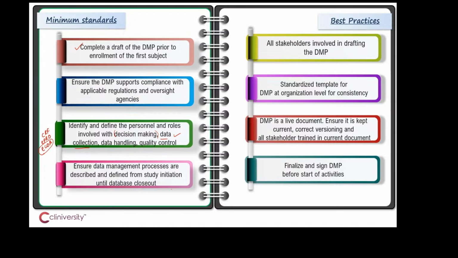Then it will look into the data handling like we discussed in the previous slides. And then it will also talk about the quality control. That means once the data starts flowing in, people start looking into the data, and all the different functional roles start working on the data. What kind of actions are required?